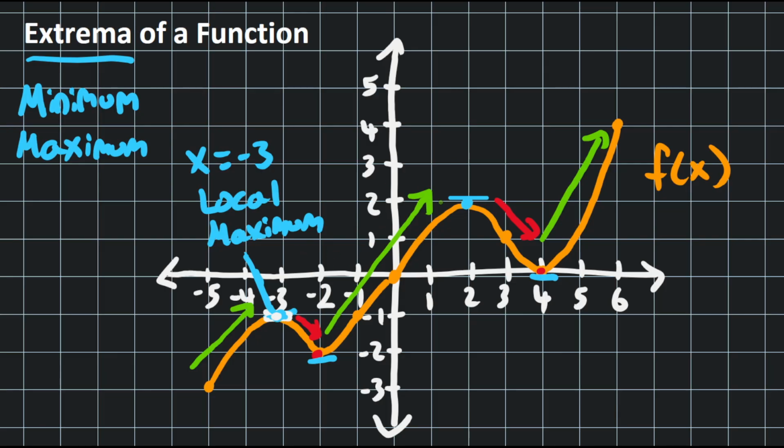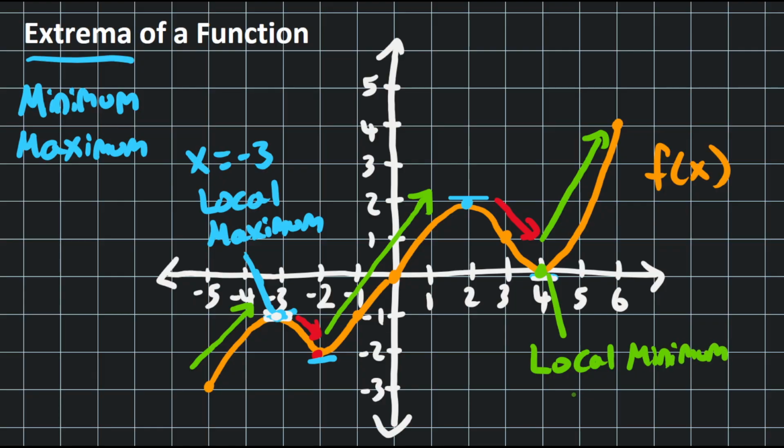Now, what about the other way around? What if the function changes right here from decreasing to increasing? Right here, as you could see, we identified another flat line. And this point right here is called a local minimum.